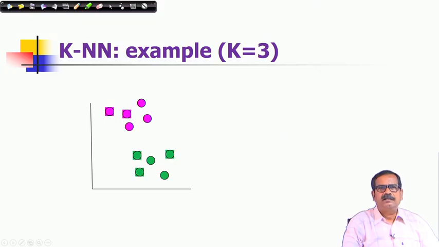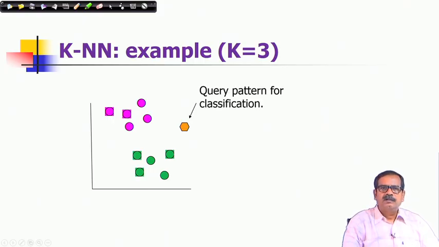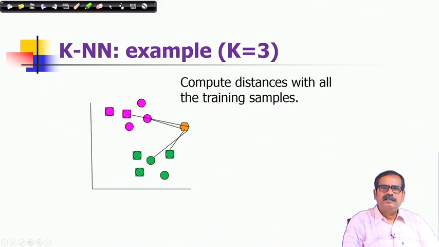You can see there are two classes, and their class labels are shown by two colors, pink and green. Suppose you have a query data point in a two-dimensional feature space, shown here. For computing the nearest neighbors, you have to compute distances to all the training samples.